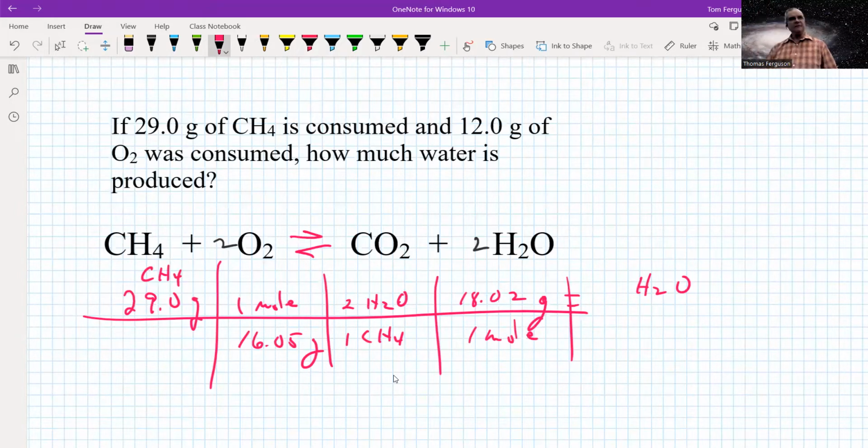Okay, does that look familiar? Doing this calculation, I'll figure out, if I was just looking at the methane, the 29 grams of methane, how much water would I make?